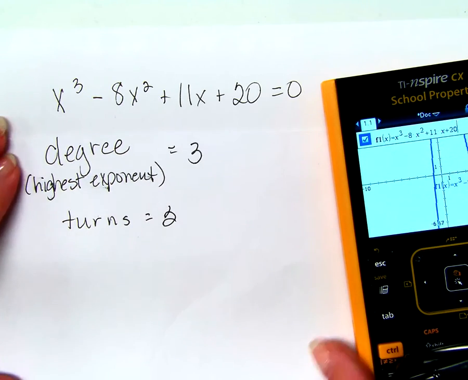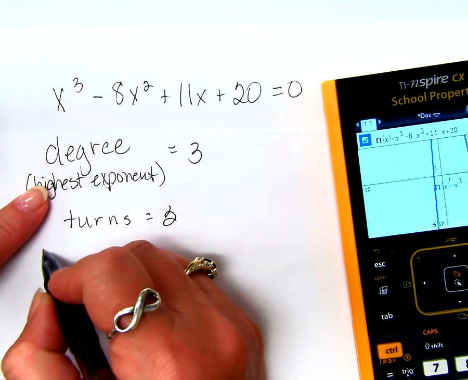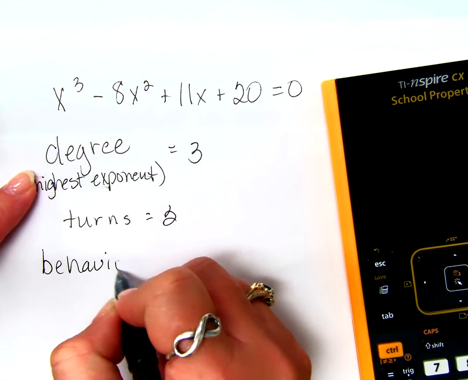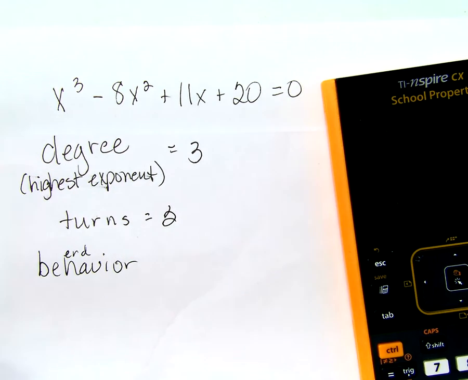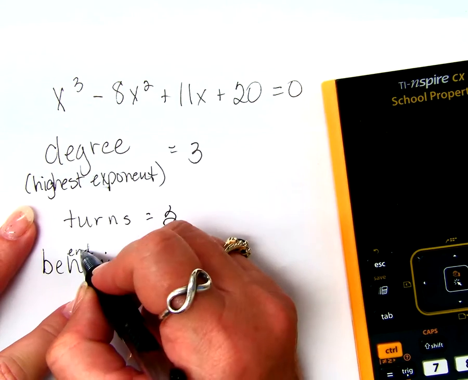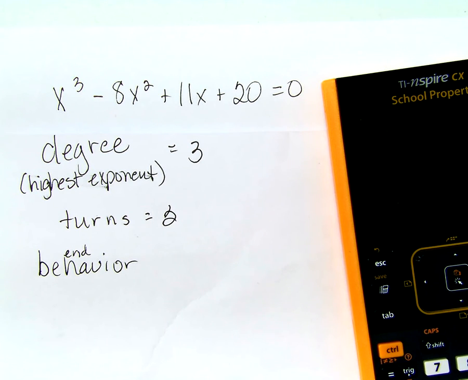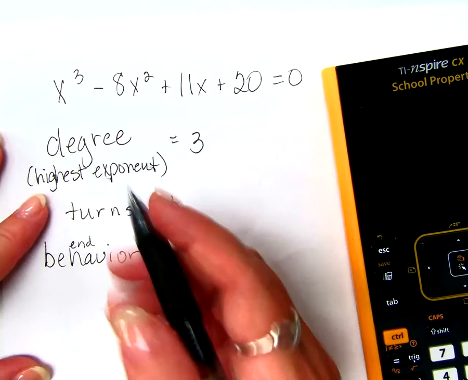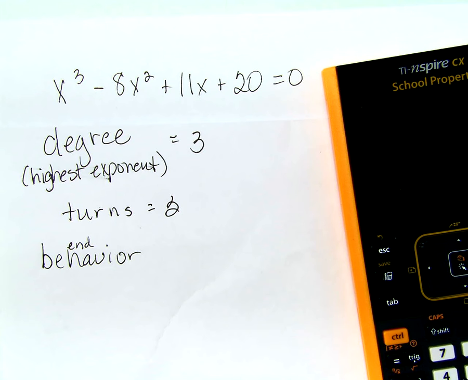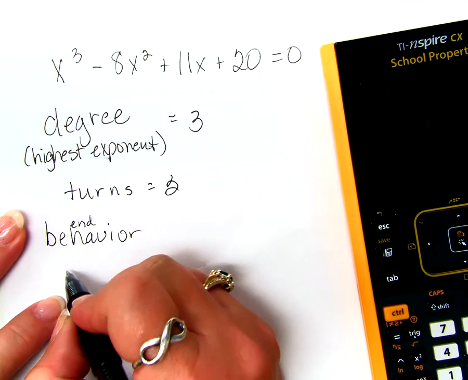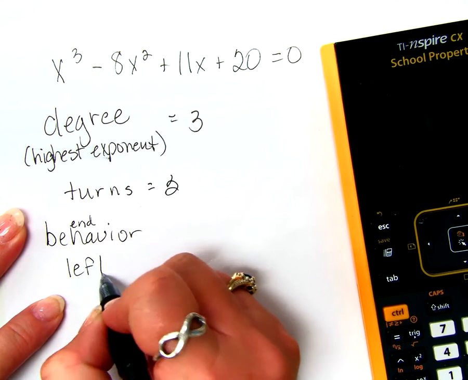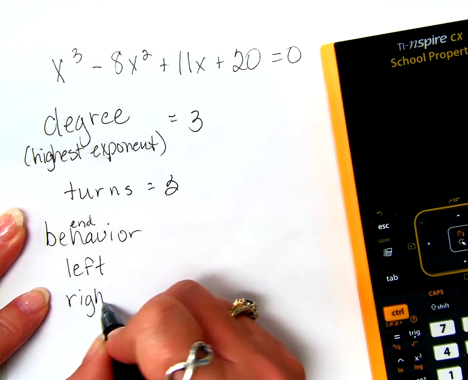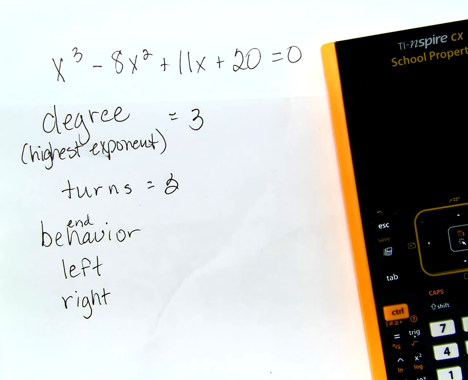Okay? The other thing that we need to talk about is its behavior. Specifically, its end behavior. Not behavior, end behavior. Okay? There's two directions. We're going to talk about it in two ways. Okay? The English way and the math way. So the English way we're going to talk about is to the left and to the right. That's what we would say in English, right?